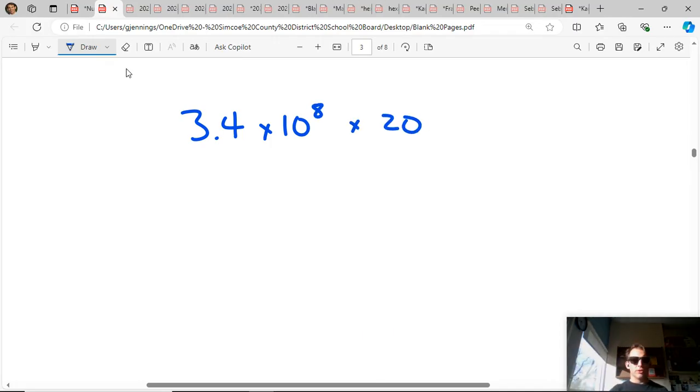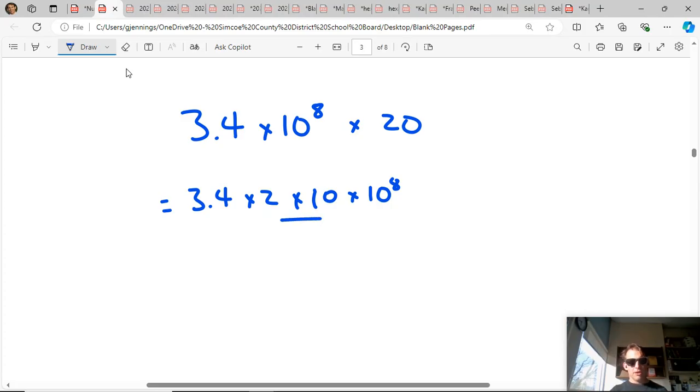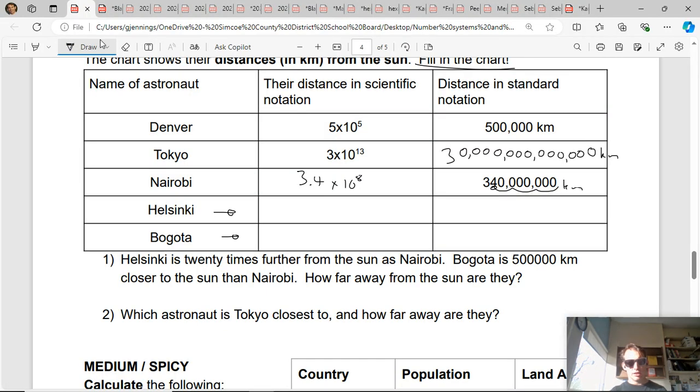Okay, so, well, multiplying by 20 is the same thing as 3.4 times 2 times 10, that's the number 20, times 10 to the 8. 3.4 times 2 is 6.8. 10 times 10 to the 8 is 10 to the 9. So I'm going to write that down, Mr. Jennings. 6.8 times 10 to the 9.